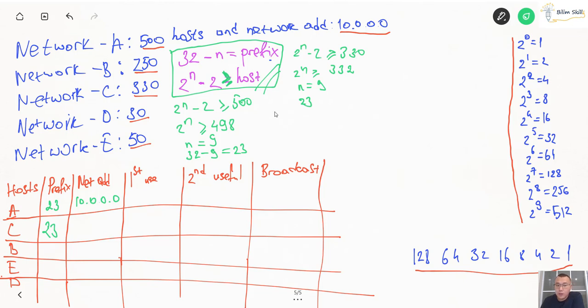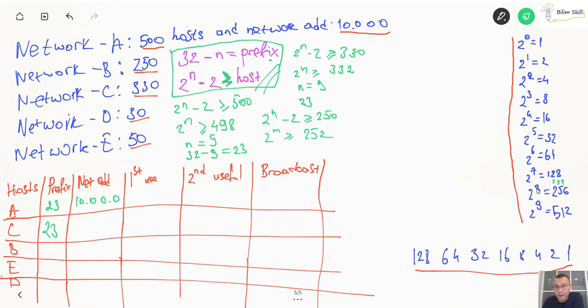So for network B, 2 power of n minus 2 greater than or equal to 250, and 2 power of n is equal to 252, and here we have to look. 252 is here, right? Between this one. You cannot take 8.